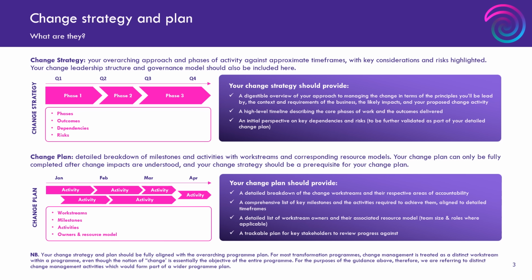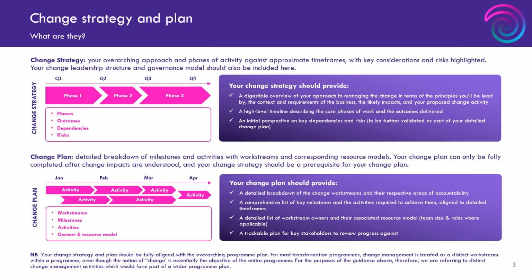And it's really giving you the overarching approach that you're going to take. Those big phases of activity that you think you're going to need to go through in order to deliver the change. We're talking approximate time frames here, so phases, months or quarters. We're not talking about week by week activity. You can't know that yet. You want to be calling out how you're going to be doing the change.